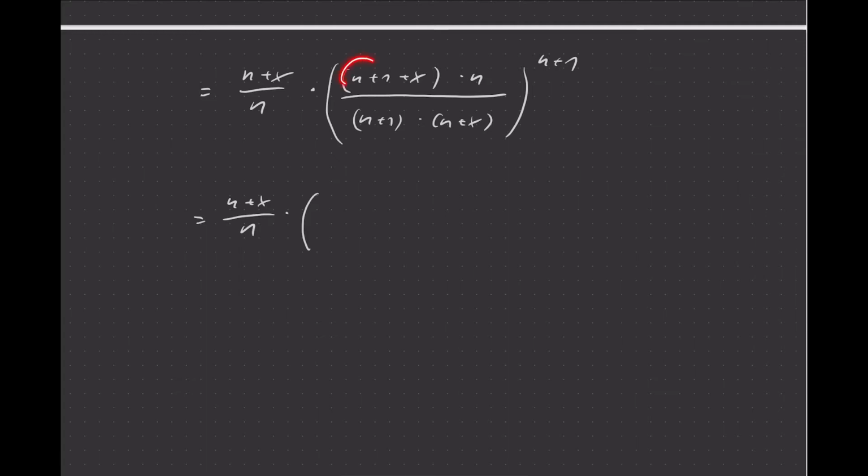The expression in the numerator is the same as n squared plus n plus nx. The expression in the denominator is the same as n squared plus n plus nx plus x.